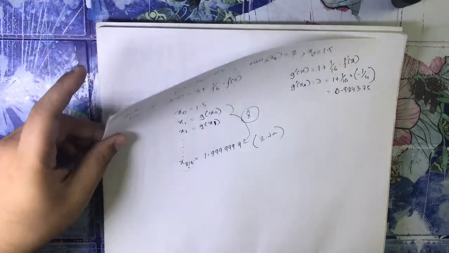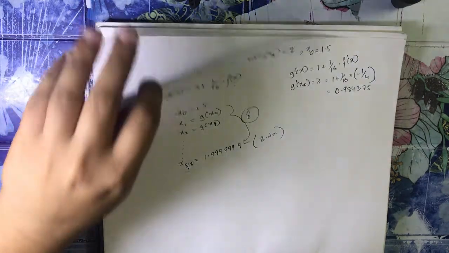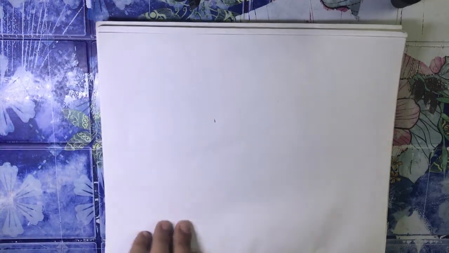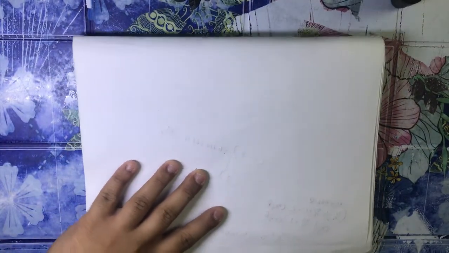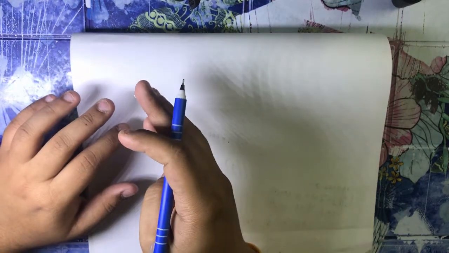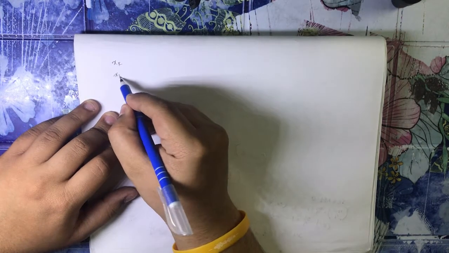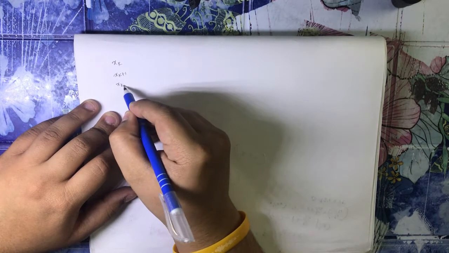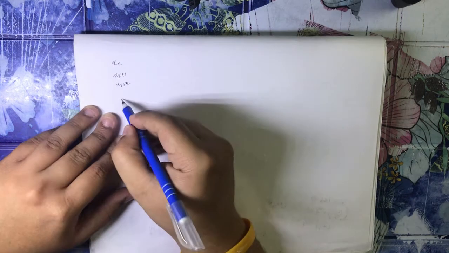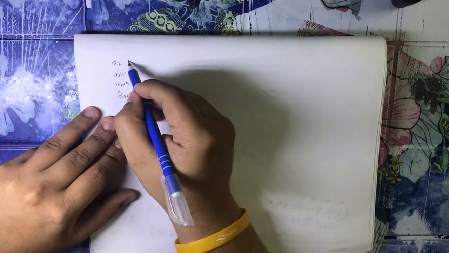Let's move on to the map. For Aitken acceleration, what did we need? xk, xk plus 1, xk plus 2, and using these three variables we calculate xk plus 2 hat.